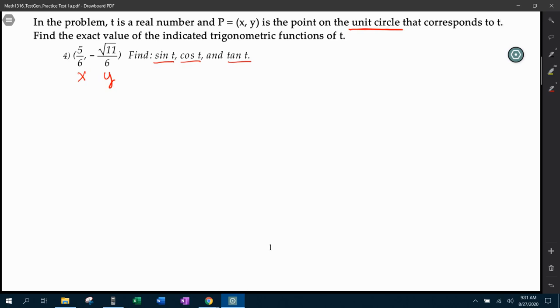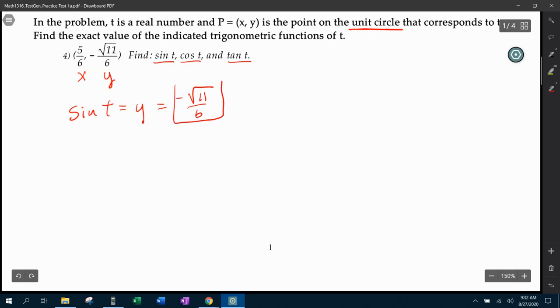That's an ordered pair in the unit circle. And so we know the formulas for points in the unit circle. It says sine is y, which is negative square root of 11/6. Cosine is x, which is 5/6.